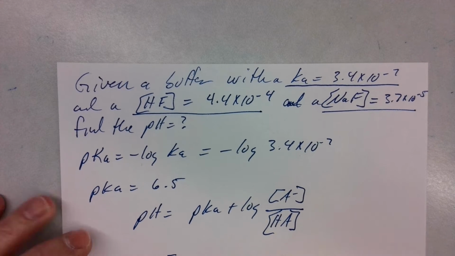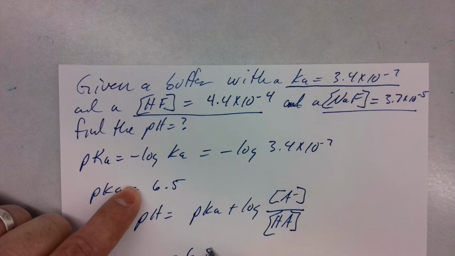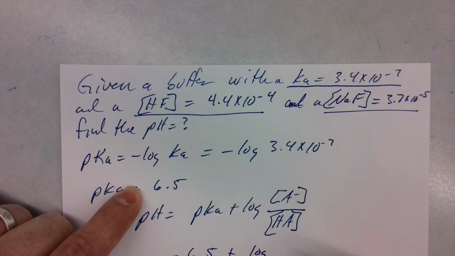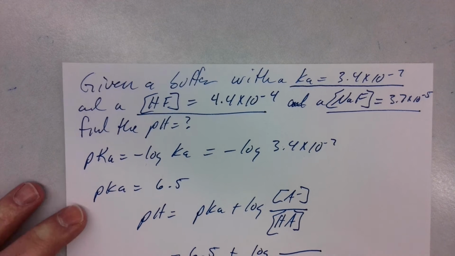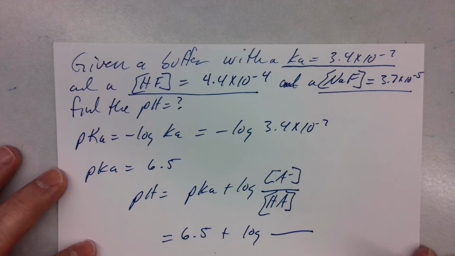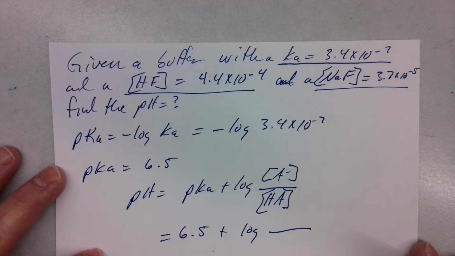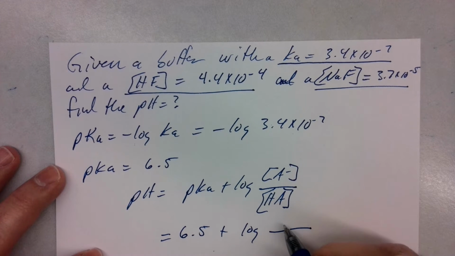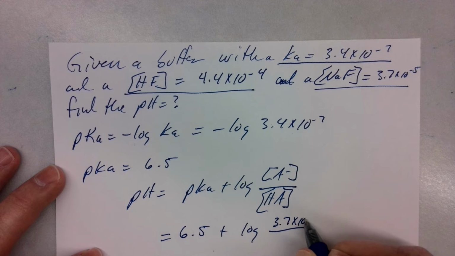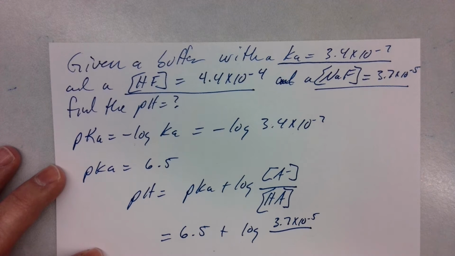So I know that I'm going to have my 6.5 plus the log. Now, what's going to go in the numerator? What's going to go in the denominator? NaF goes in my numerator, so I'm going to go 3.7 times 10 to the negative 5th. Then the HF goes in my denominator.